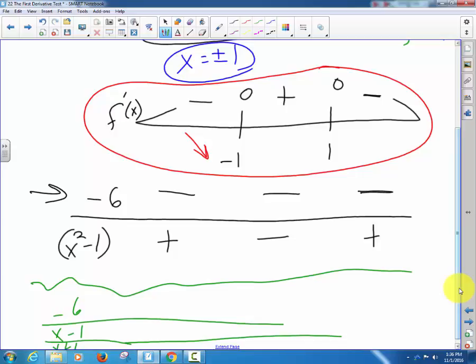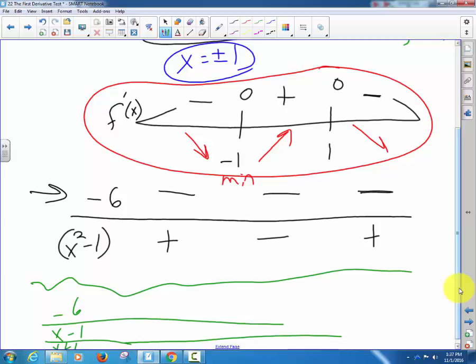What does this positive sign here tell us? What's the function doing there? It's going up. So we know it's going down at those places and going up at those places. So what do you think about -1? If the function goes down and then goes up, this is going to be a minimum right here, because the function goes from down to 0 to up.